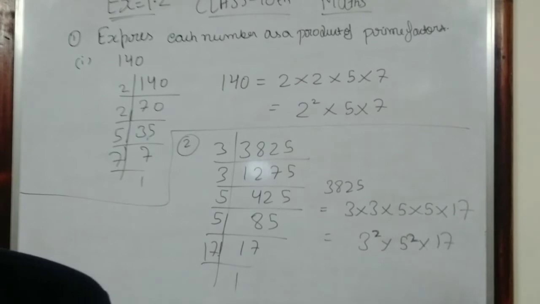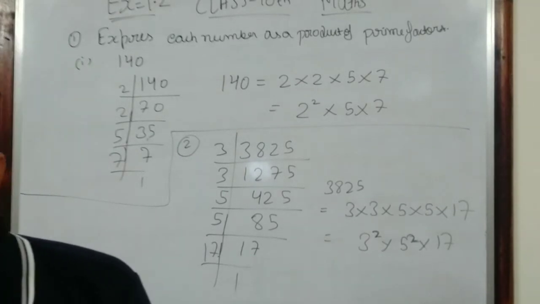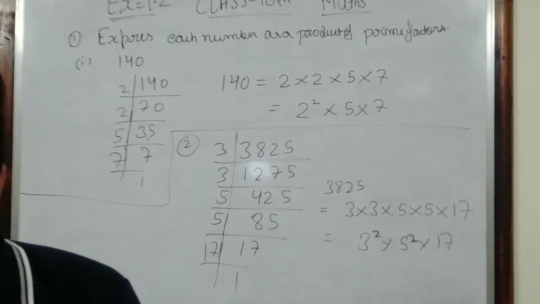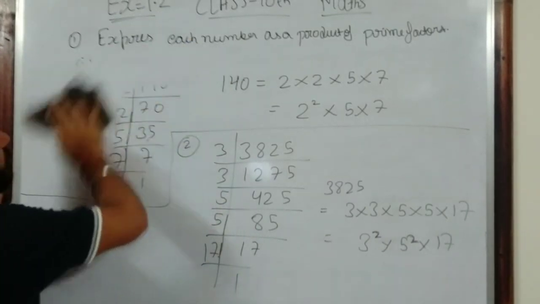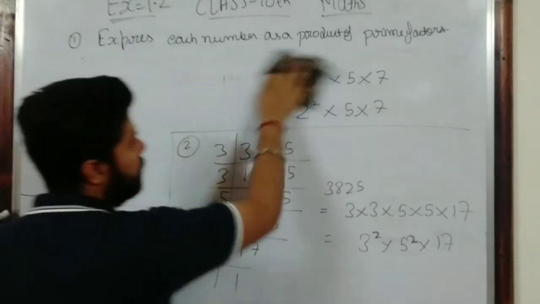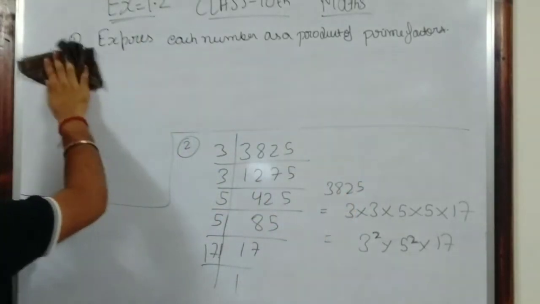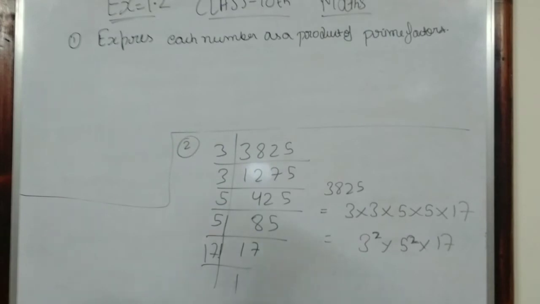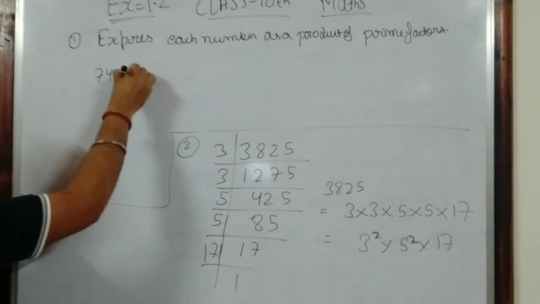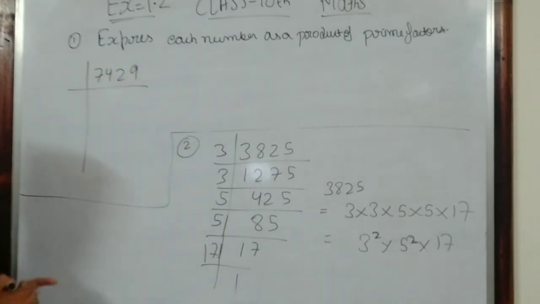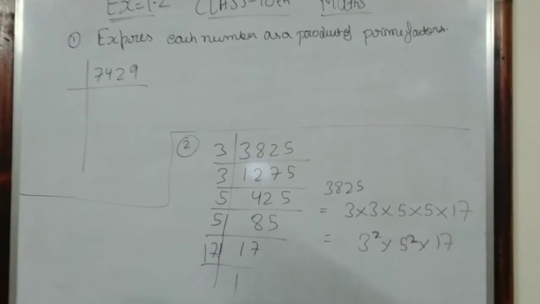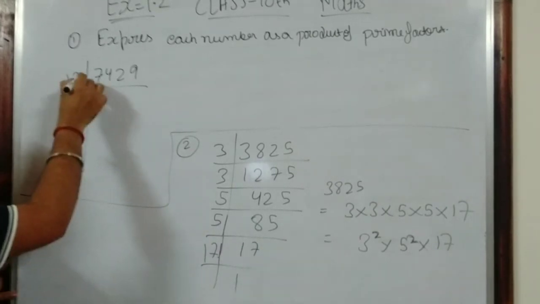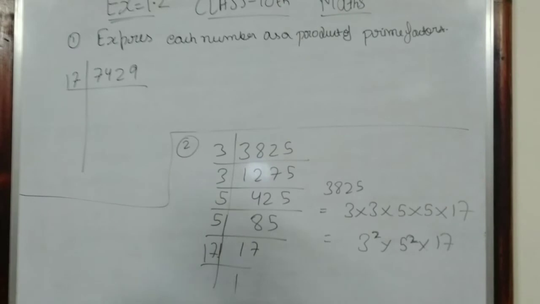There are three more questions that are very easy, and the last question, 7429, is a little tricky one because it is difficult to solve. Just remember this type of question if it comes in the exam, because the first prime number which divides 7429 is 17. Before 17 it is not divisible by any of the prime numbers.